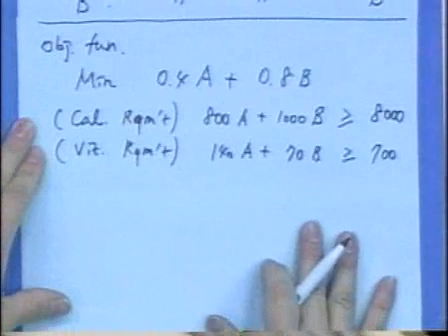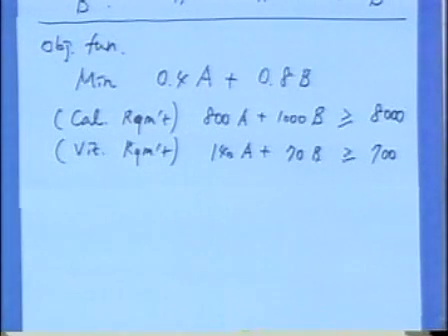Also, we need to avoid using too much of feed type A because of the toxic ingredient in it, right? So how do you express the toxic constraint?